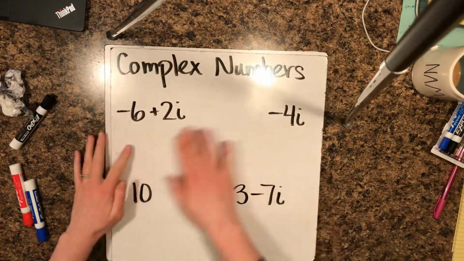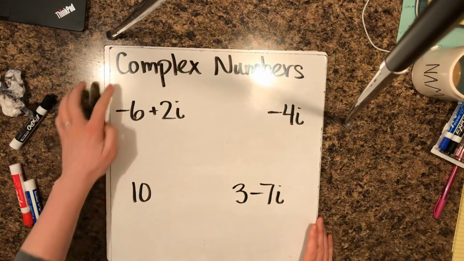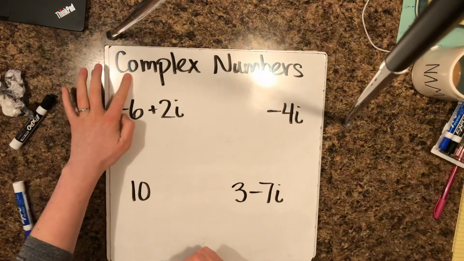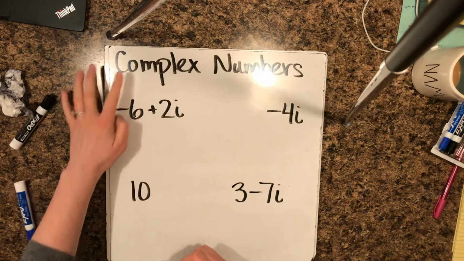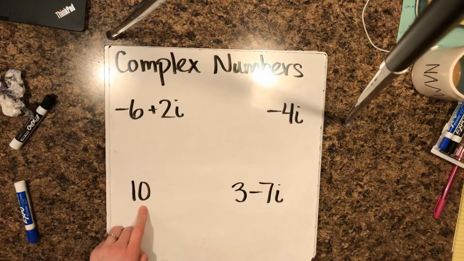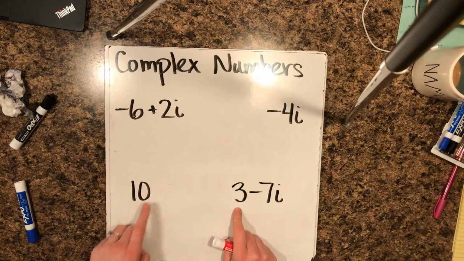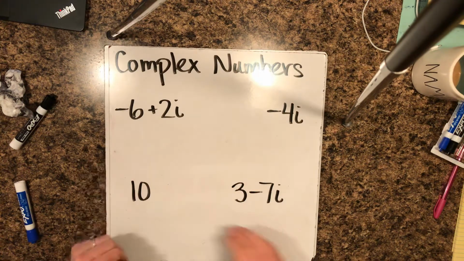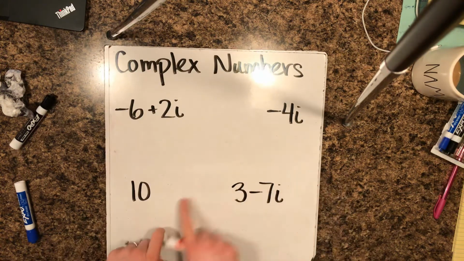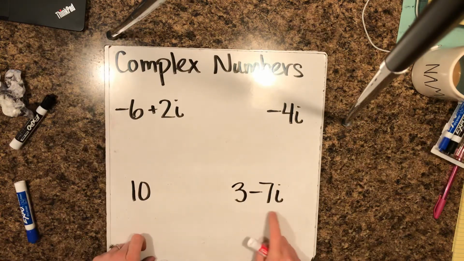So let's take a little bit of a look at what this is going to look like. Everything on my board right now is considered a complex number. The real parts of the complex numbers are -6, 0, 10, and 3. The imaginary parts of these complex numbers are 2i, negative 4i, 0i, and negative 7i.